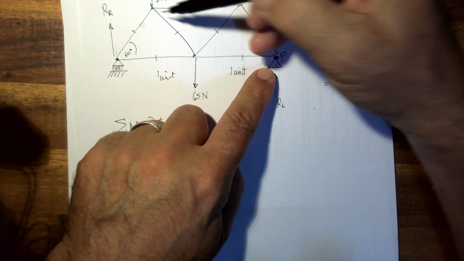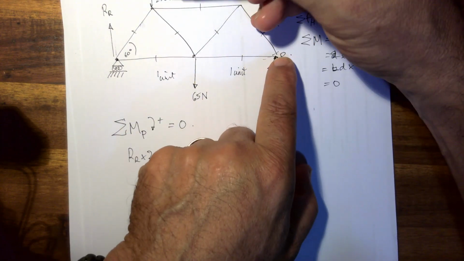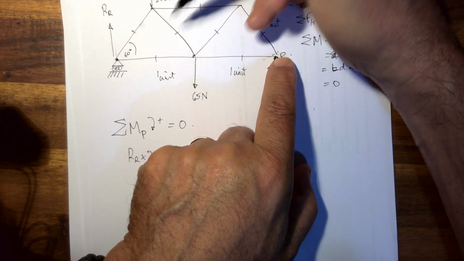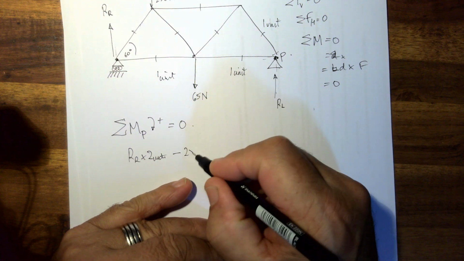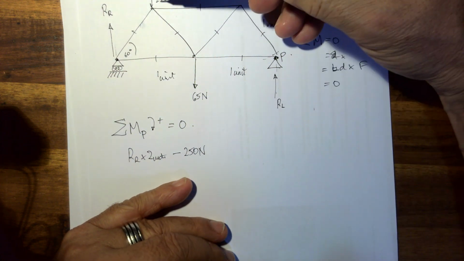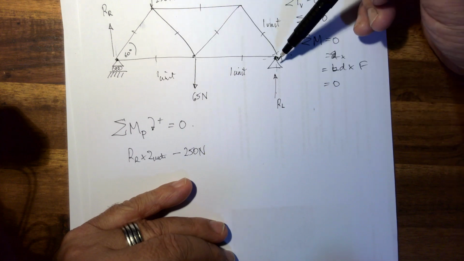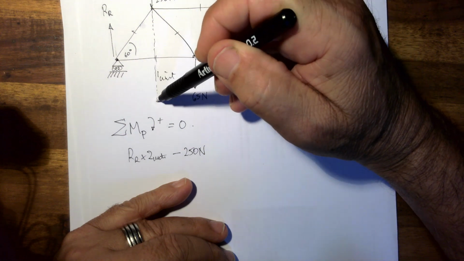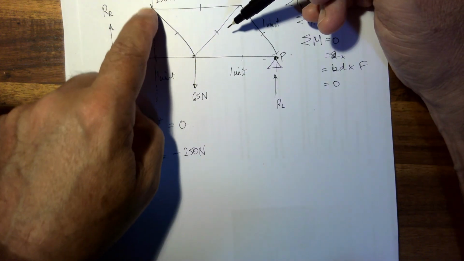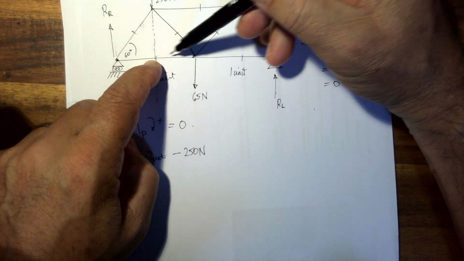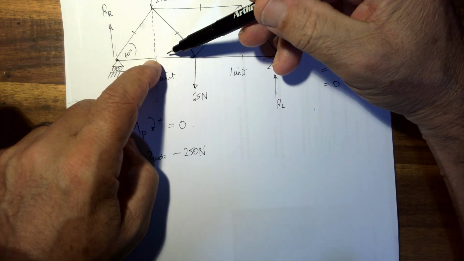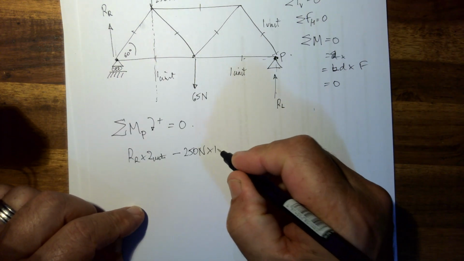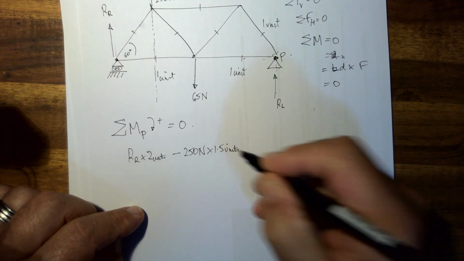Now this is going to have to be a minus, because about this point, this 250 is going the opposite way. It's going anti-clockwise. So minus 250 newtons. Now what's the perpendicular distance of this force from that point? Well, it can be said to be acting anywhere along its line of action. So we trace that line of action, we come to a perpendicular distance here, and it's going to be 1.5 units. So times 1.5 units.